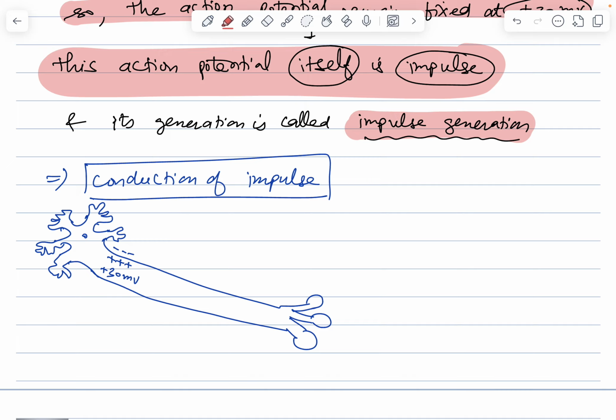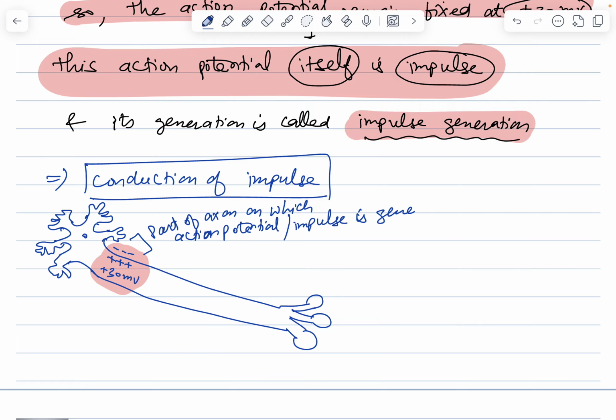Okay, this is, let's say, the part of axon on which action potential or impulse has been generated because of entry of sodium ions.